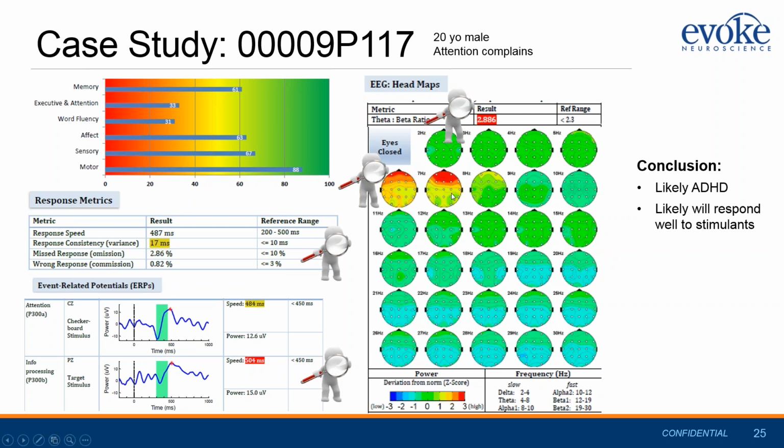You might think, oh, stimulants are just going to make these heads more red. Well, no, these are slow waves. We're making too much of the slow waves. So stimulants are going to wake the brain back up. We're going to go back to normal amounts of our slow waves and then make more of these fast waves, where this patient has a little bit of blue heads in our fast frequencies.